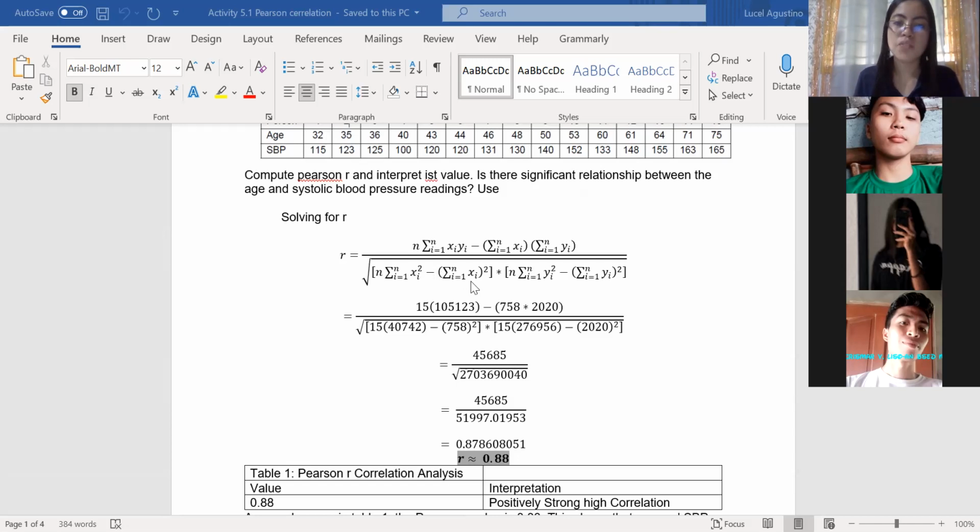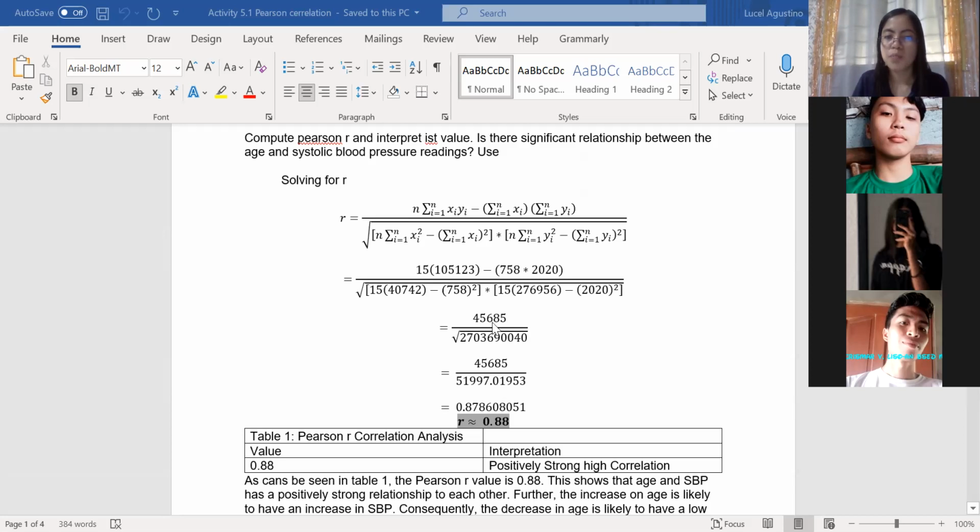Amo ni siya ang summation of xi quantity squared multiplied to sample size naman, and then summation of yi squared. In other words, 115 squared plus 123 squared plus 125 squared plus 100 squared plus until 165 squared rather, minus the total squared. Okay, so amo na siya mag-compute sa person R.